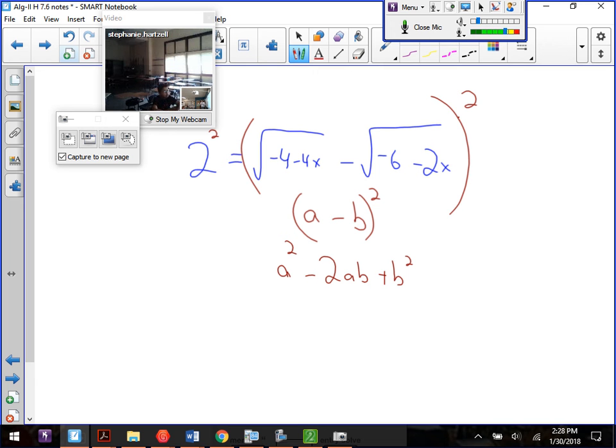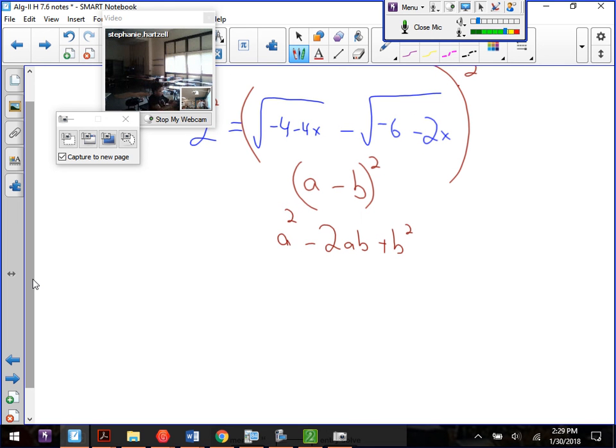Okay, if I do it this way, like I'm saying, this is your worst case scenario. I'm going to get minus 4 minus 4x minus 2 times. I'm going to write both of these as fractional exponents because I have to square it twice.